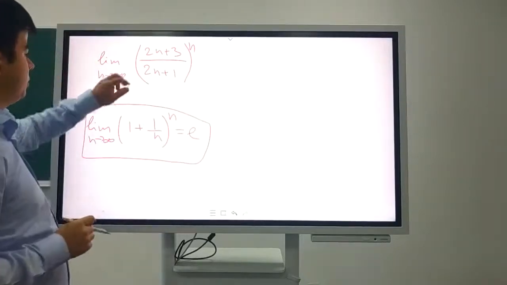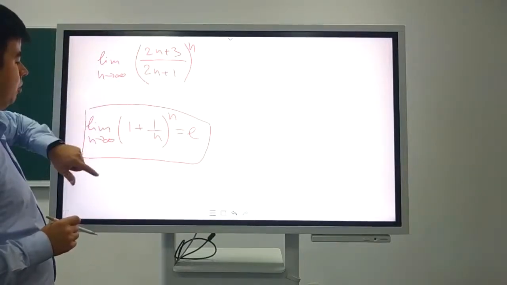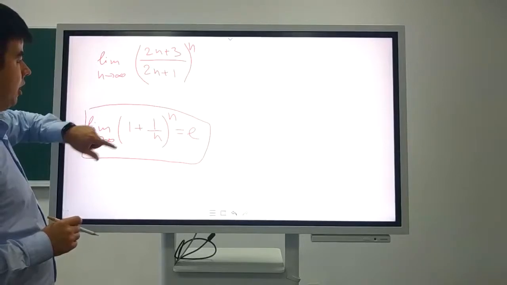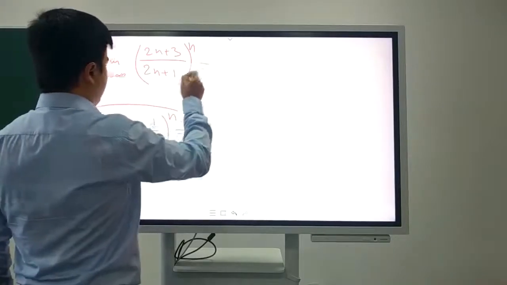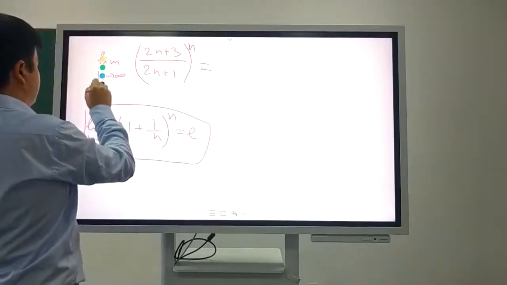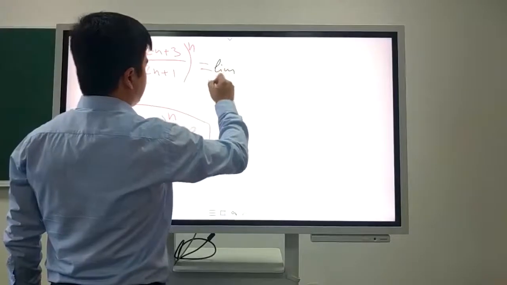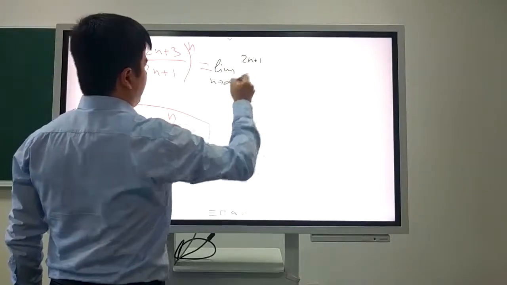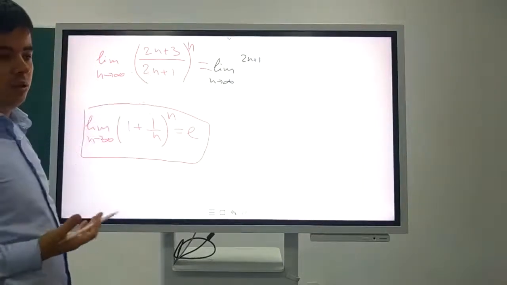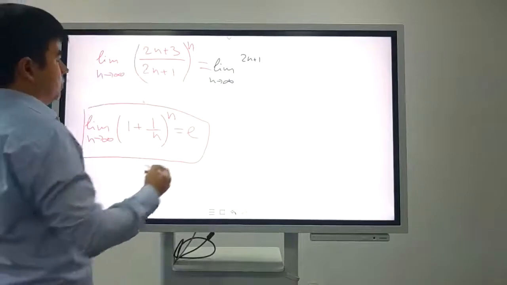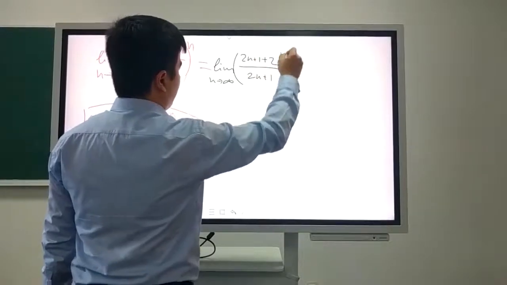In this case, we need to bring this fraction to the form 1 plus 1 over n. How to bring it to this form? So let's continue. Can we write it like this? We need to divide this polynomial by this polynomial and get the whole part of the fraction. So 2n plus 1 plus 2 over 2n plus 1, to the power of n.